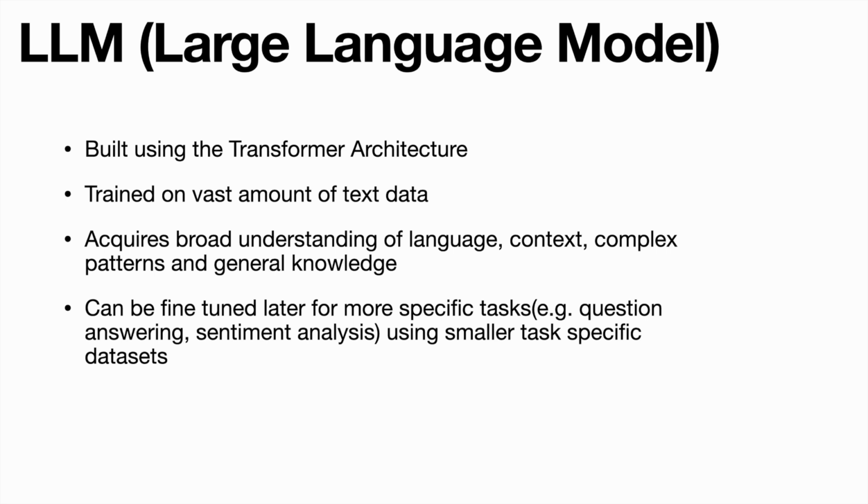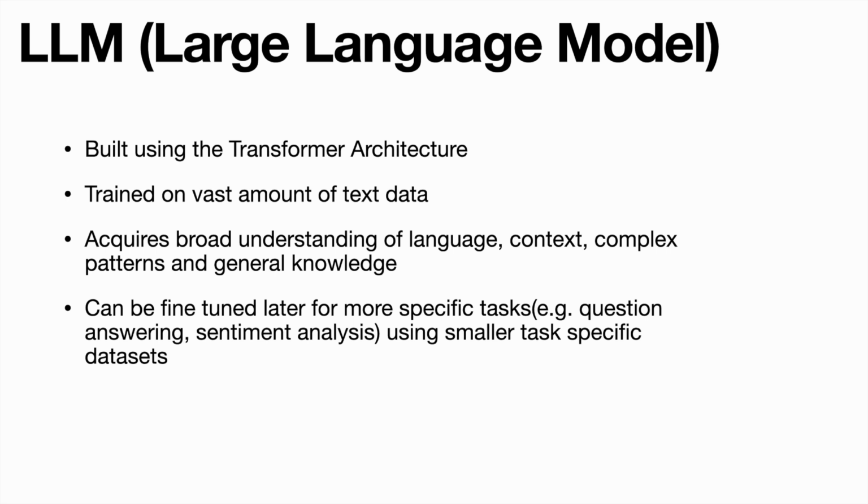Now, if we have a specific task, we can fine tune the large language model as well, like for sentiment analysis, for a special kind of question answering. We can train with smaller task specific data sets, and it will work for our own data sets. There are other ways to do that. So RAG is one of the ways that works.